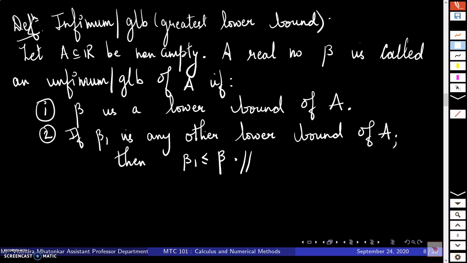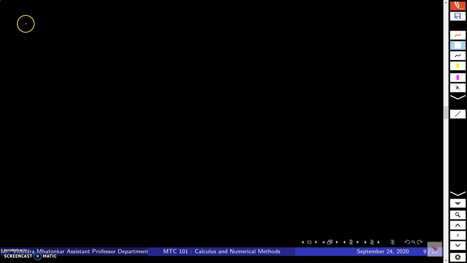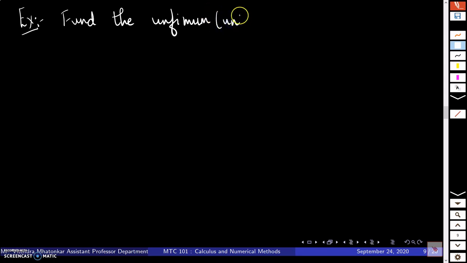All right, now let's look at some examples of sets, and we'll try to find the infimum of these sets. Find the infimum, sometimes also written as INF, or the greatest lower bound, of the following sets.